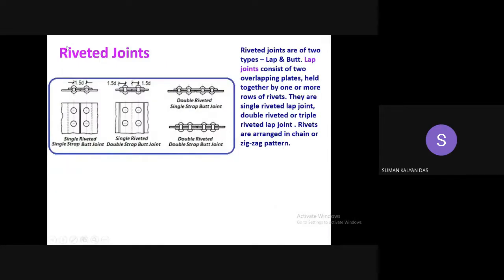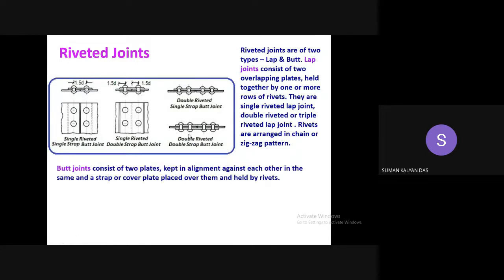Okay, next we come to the types of riveting. So already I had told that the main configurations are lap and butt joint. So what is lap joint and what is butt joint, I guess is clear to everybody. So butt joint, as I had already told, the two plates intended to be joined are butted together, and we have an extra cover plate, which is also sometimes referred to as strap plate, as you can see over here.